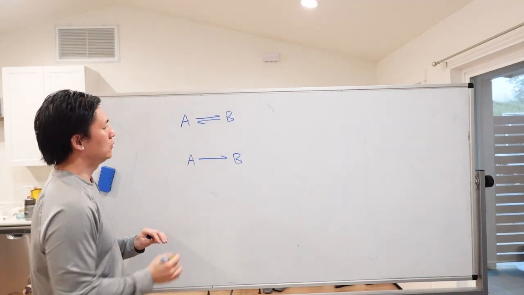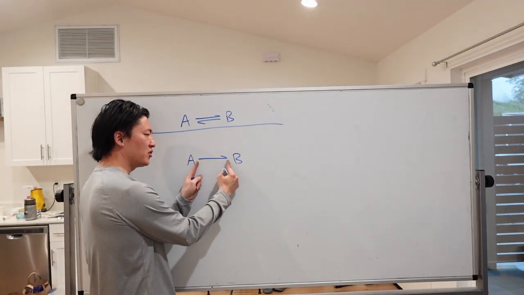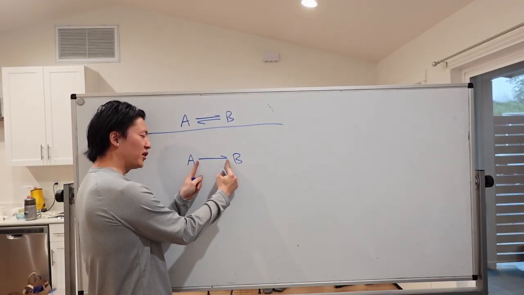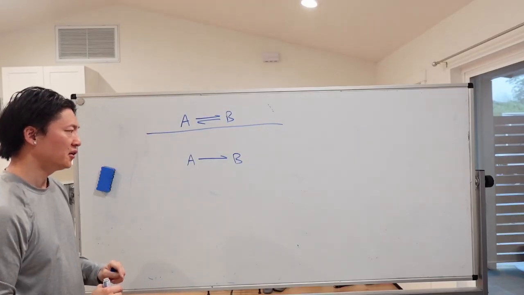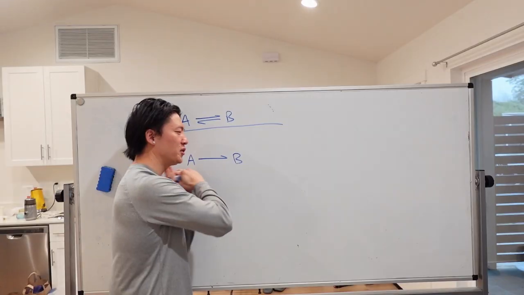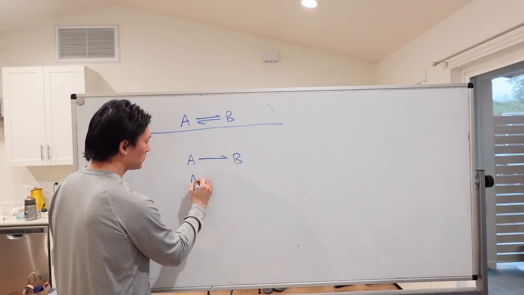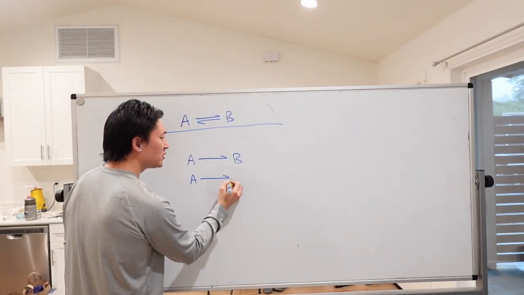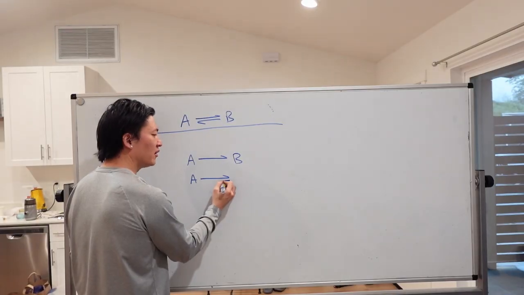I'm trying to show you that the size of this arrow is telling me how fast A is turning into B. Initially, you don't have any B, so A is turning into B super fast. But as B forms, it starts to return to become A a little bit.